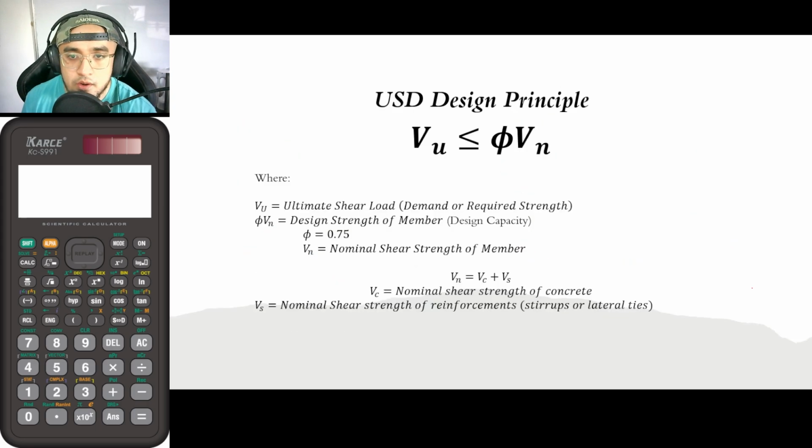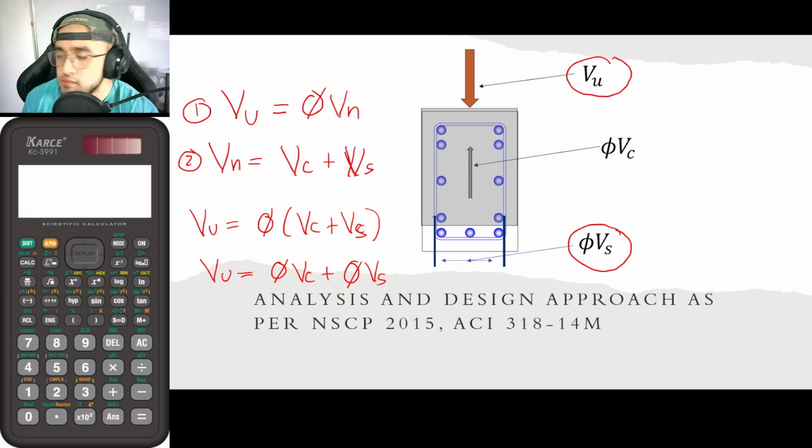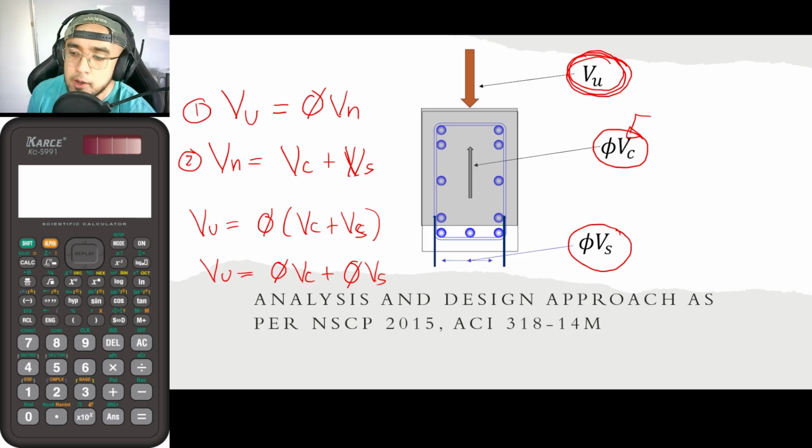Okay. So again, from this particular figure, Vu, you should already know that from your mechanics of deformable bodies. For your Vc, guys, Vc actually has plenty of equations to choose from. So I will be showing that to you in a short while.